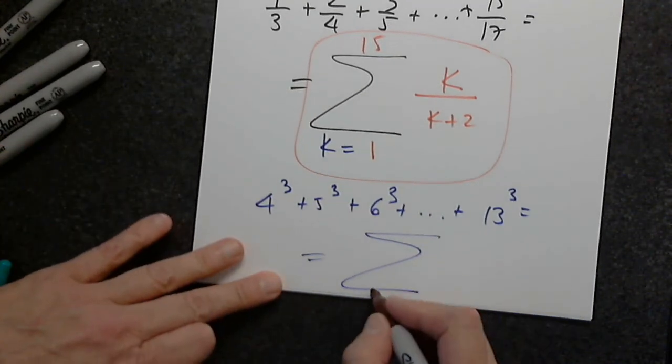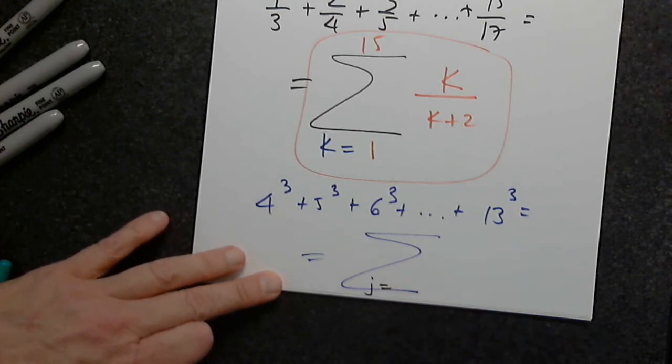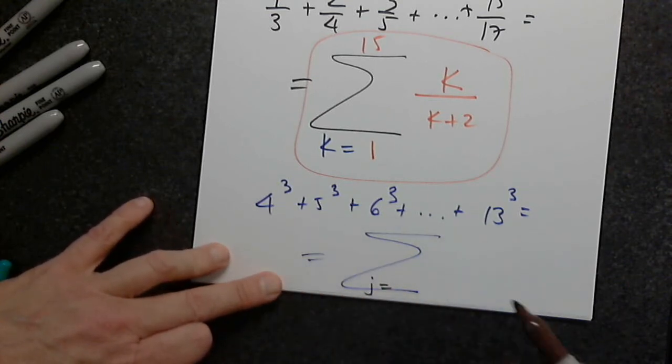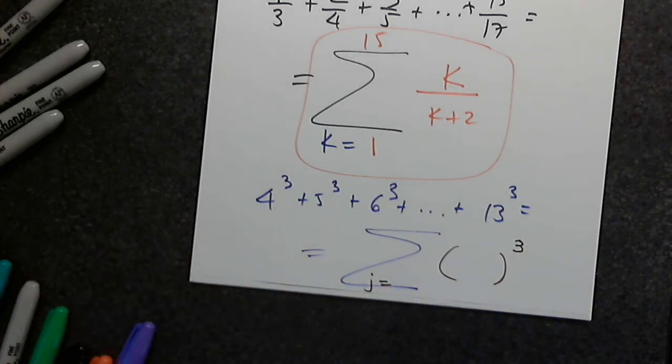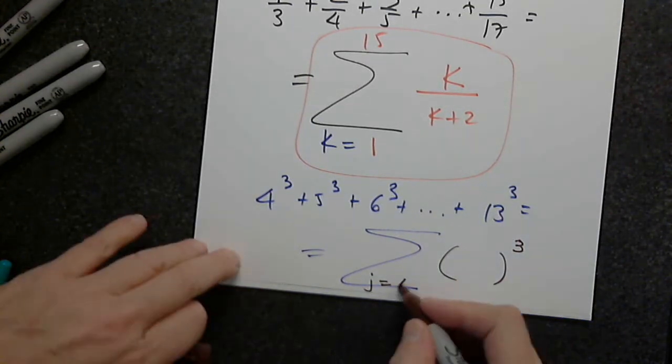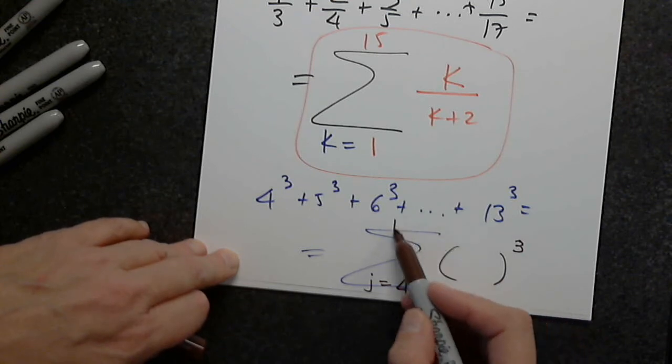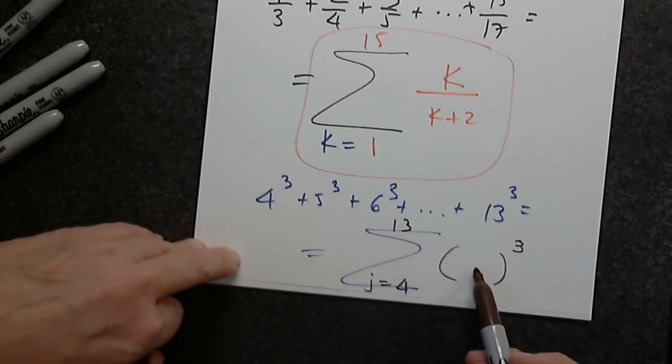So let's say we're using J this time. Obviously, there is no fraction, so it must be something to a power. And it has to be power 3 because I see power 3 in all of them. So obviously, that is clear. From j equals what till what? Yeah, exactly. From j equals 4 to, that's it. What do I have here?